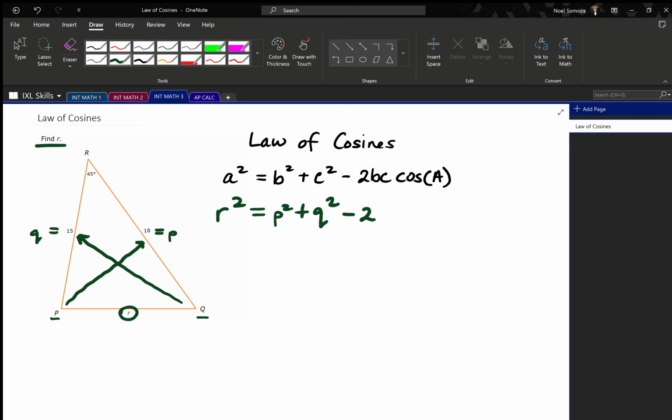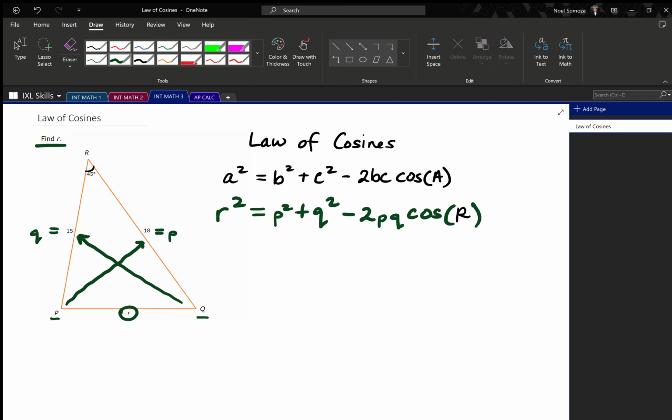Well, remember, little b is what became my little p. And then little c is actually my little q. Okay? And then I have cosine of big A, but I don't have big A on this triangle. I do have big R. That's the only angle that I'm given. So up there, I'm going to let that be big R. So we actually have cosine of big R.